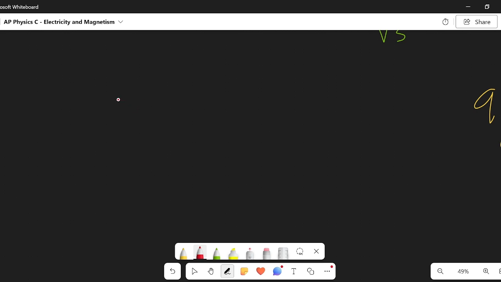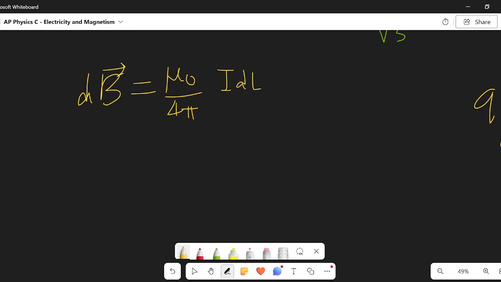The Biot-Savart law tells us that if we have a differential piece of the magnetic field, dB, it is equal to mu naught divided by 4 pi, multiplied by I dl times r, in vector form, over r squared. r is a position vector which points from the location of the infinitesimal length of wire dl to the location of the infinitesimal magnetic field dB, and r is the magnitude of the distance between the two locations.